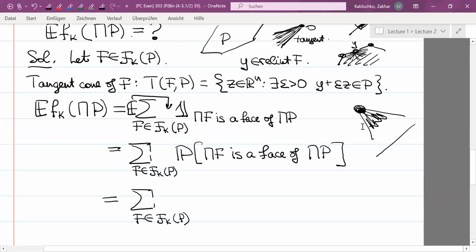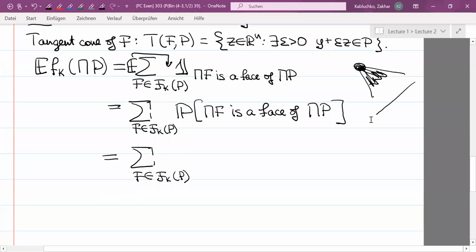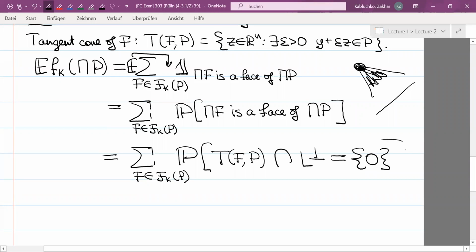So it survives if and only if the orthogonal complement of L does not intersect the tangent space. This is the claim. So it is the same as the probability that the tangent space of P at this face F is not intersected by the direction in which we project. So the intersection is trivial.